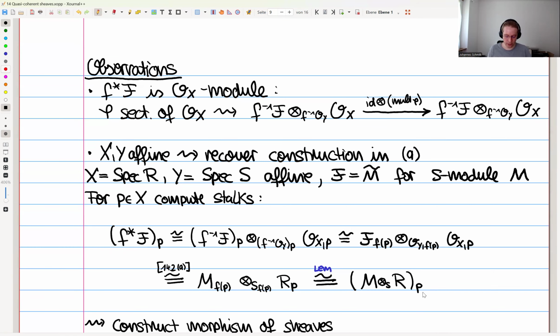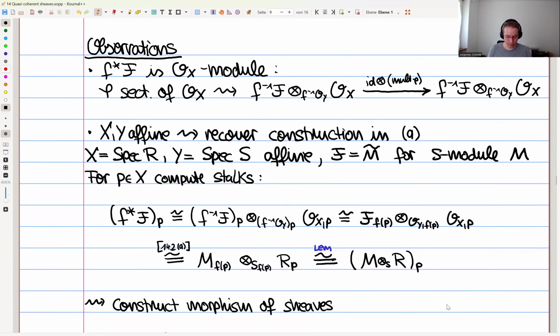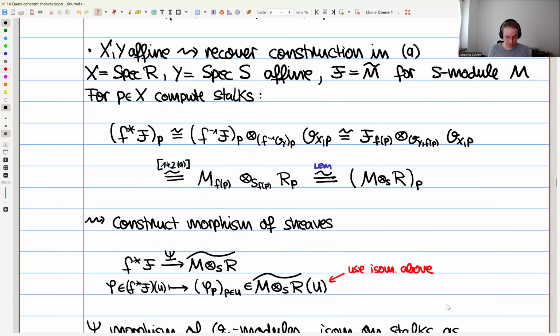And now we are on a good track because in A, we defined the pullback as being the sheaf associated to this module here. And now we already verified that the stalks agree. And so the next step is always we construct a morphism of sheaves.